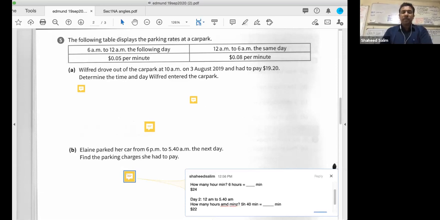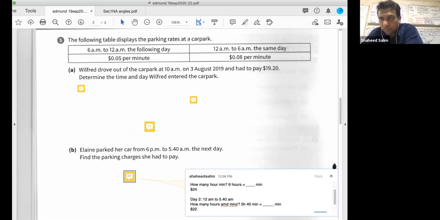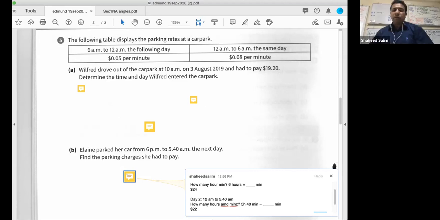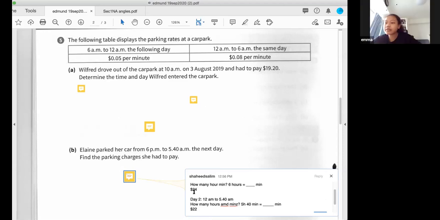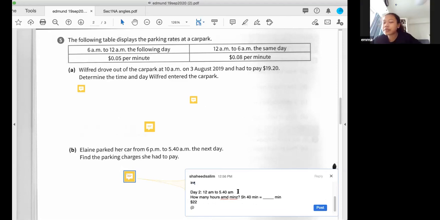So your answer is $9 for the first day. Okay, so down here, how much must we pay? $24, is it? $9 for the first day. The bottom one is $24.